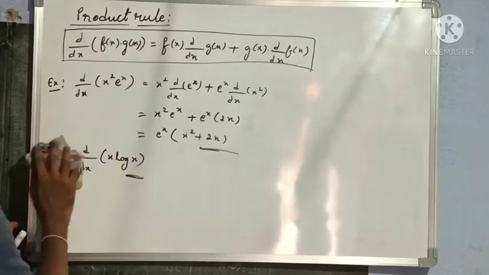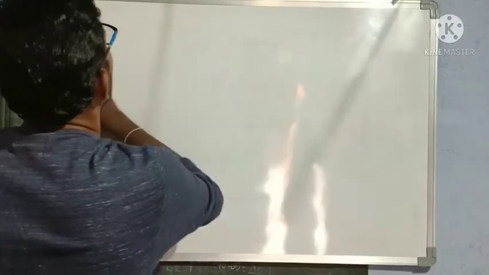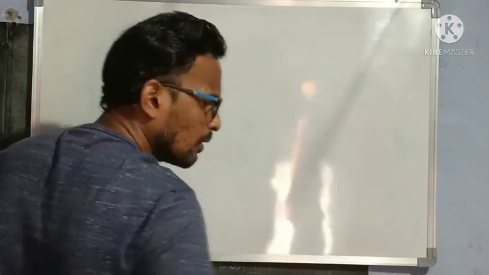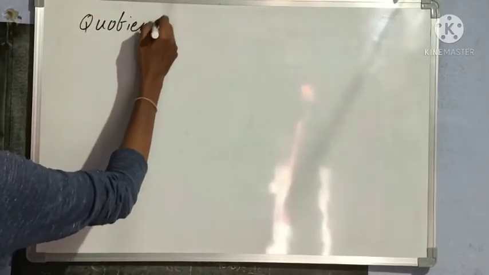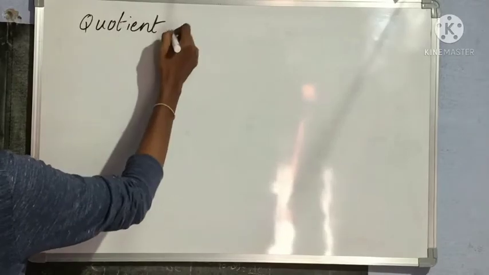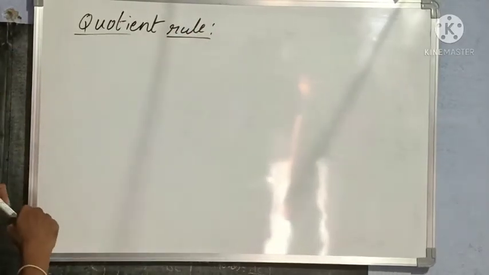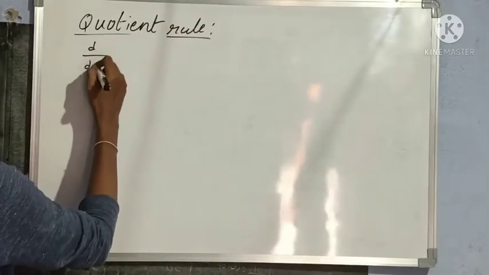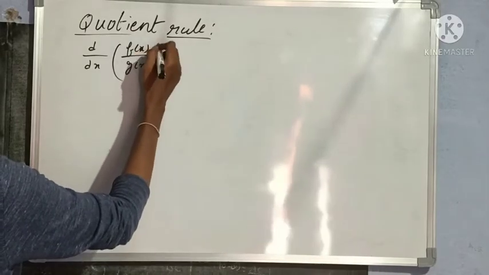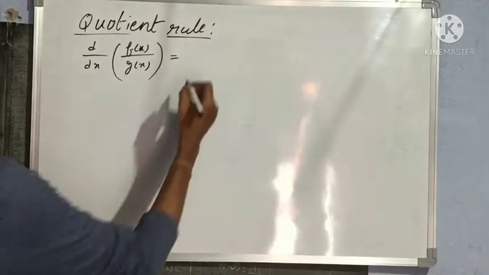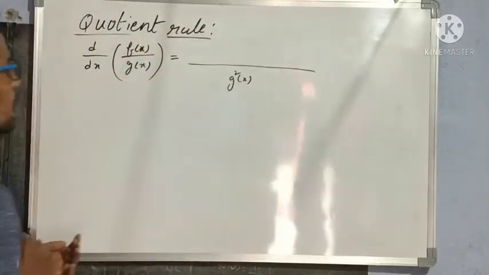Okay. Next rule now, quotient rule. So here quotient rule means we have to take division of two functions. So d by dx of f of x by g of x is equal to, now take the denominator whole square here. So g of x square is nothing but g square x.